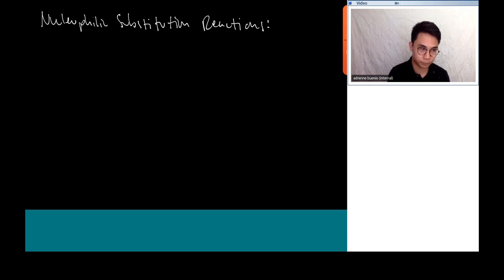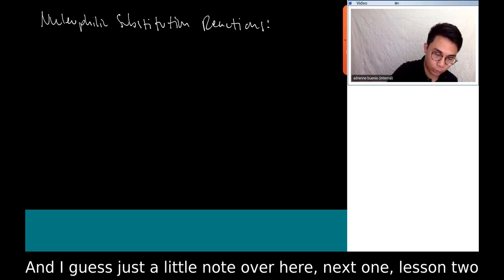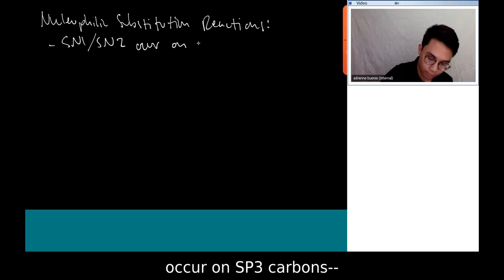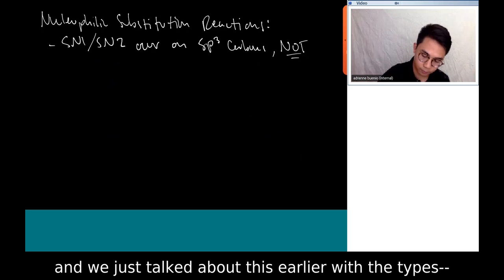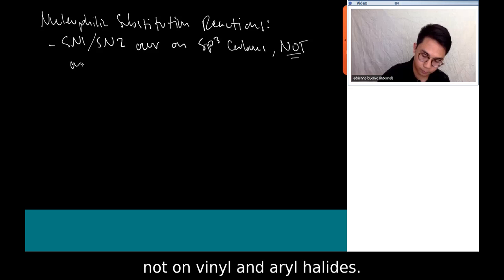And just a little note over here: SN1 and SN2 occur on sp3 carbons, not, and we just talked about this earlier with the types, not on vinyl and aryl halides, right?